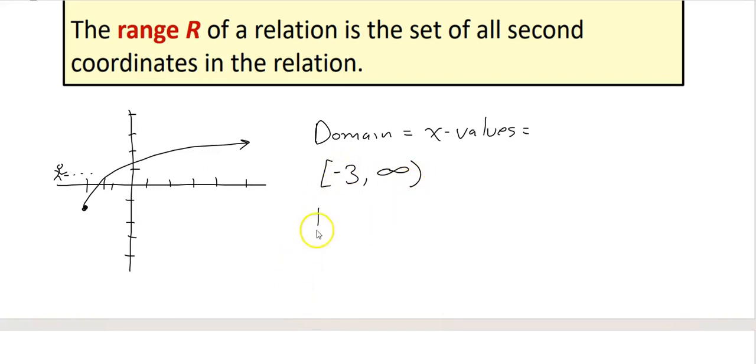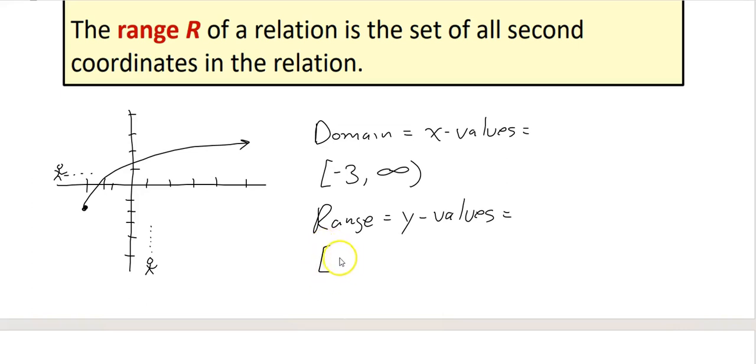Our range equals our y values. And for that, it's like you're climbing up. So we're going up, up, up. And whenever I get right here to, we'll call that -2, notice I start seeing this line and it's a closed circle.